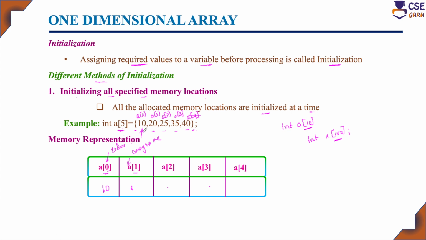So first index it will store 10. Second index it will store 20. Third one 25, 35. So these are all the values we will store. So here during declaration array is declared with the size 5. So all the 5 memory locations we have assigned the value. So this is initializing all specified memory locations.